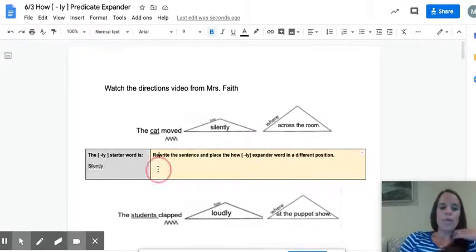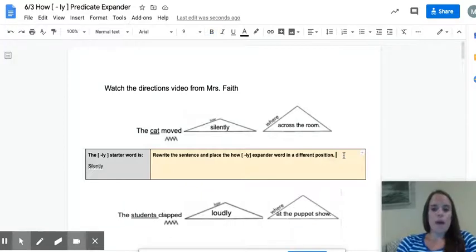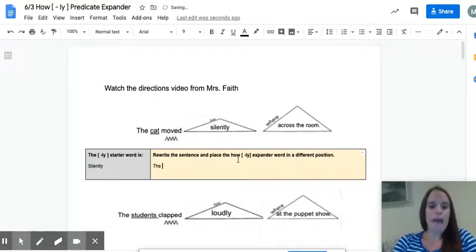Now, we know that the word silently can be right before the action predicate or right after. So since it's right after the action predicate word in the example, I'm going to rewrite this sentence and I'm going to move the position of this word to be right before the action predicate. So I would do that by typing in here, the cat.